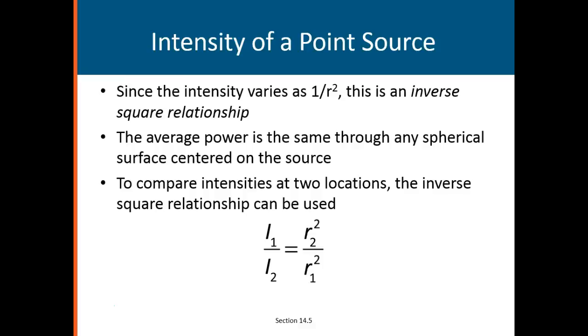So to compare the intensities at 2 locations, the inverse square relationship can be used. I1, the intensity at the first radius, divided by I2, the intensity at the second radius, is the ratio of R2 squared to R1 squared. Why is that? Because I1 is the average power over 4 pi R1 squared.